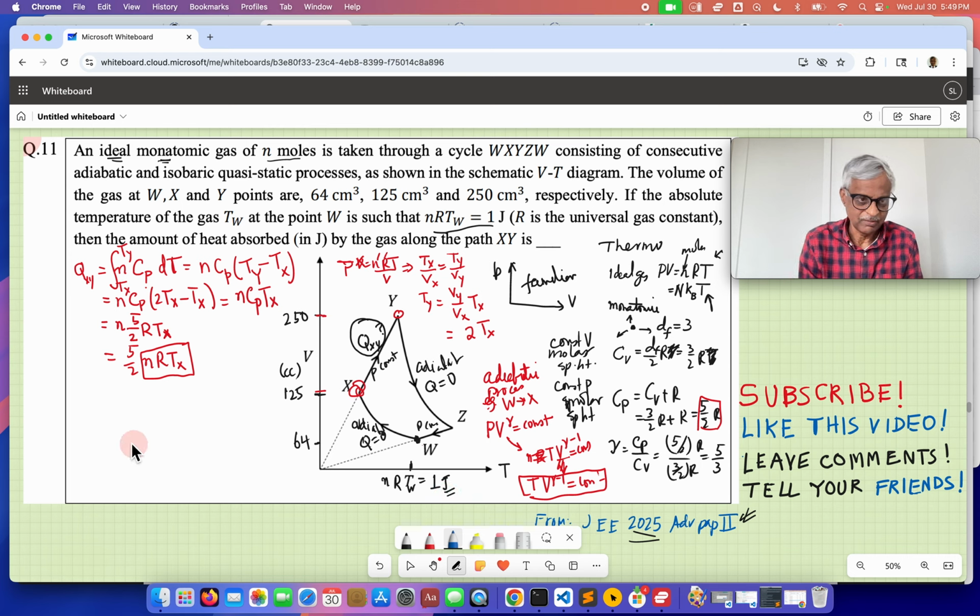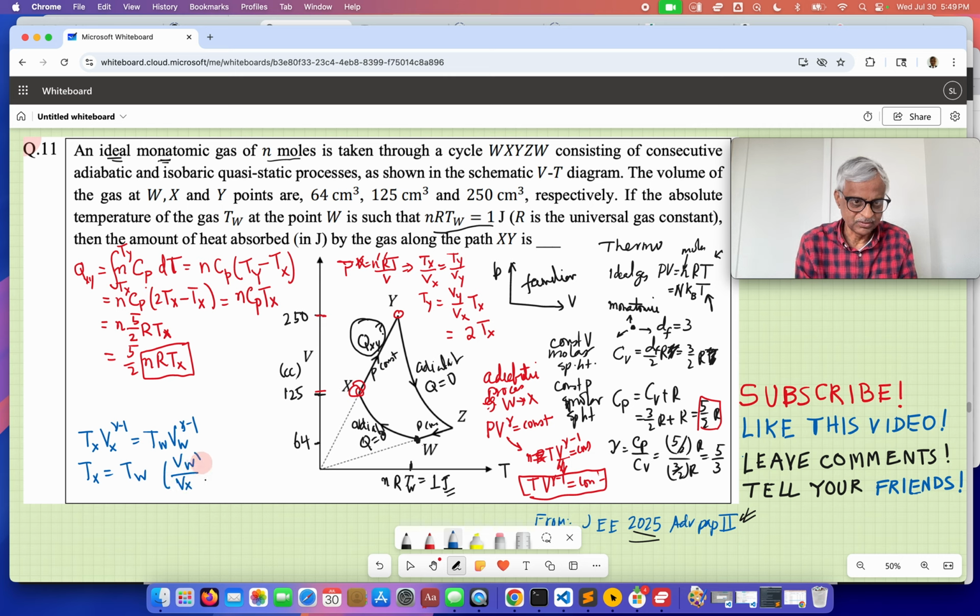So using this, Tx Vx to the power gamma minus 1 must be Tw Vw to the power gamma minus 1. So bring it over here. So Tx is Tw times Vw by Vx to the power gamma minus 1. Now it's the ratio, so I don't need to convert units.